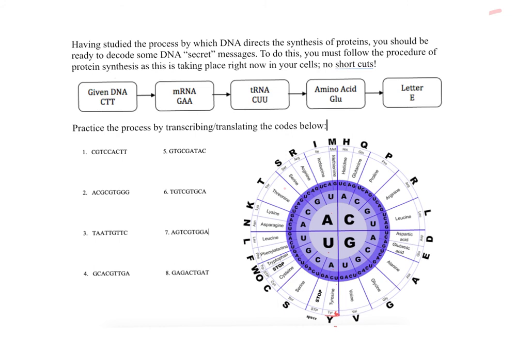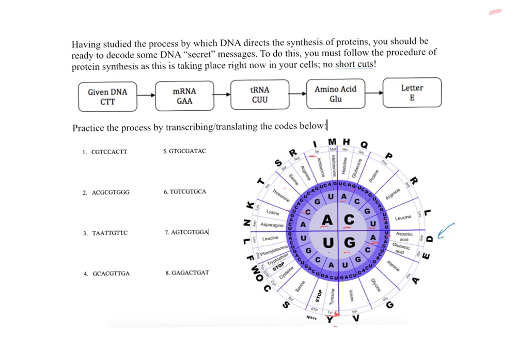AUA, isoleucine. GAU, aspartic acid, ASP. ACU, threonine. CAG, glutamine. CUC, leucine. Work on triplet codons using this decoder.